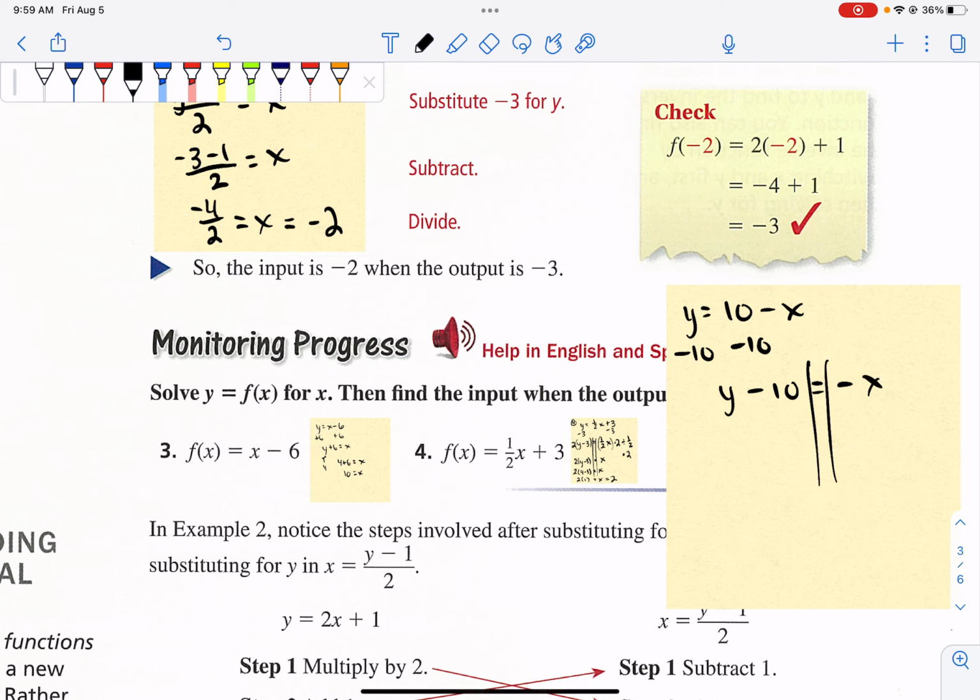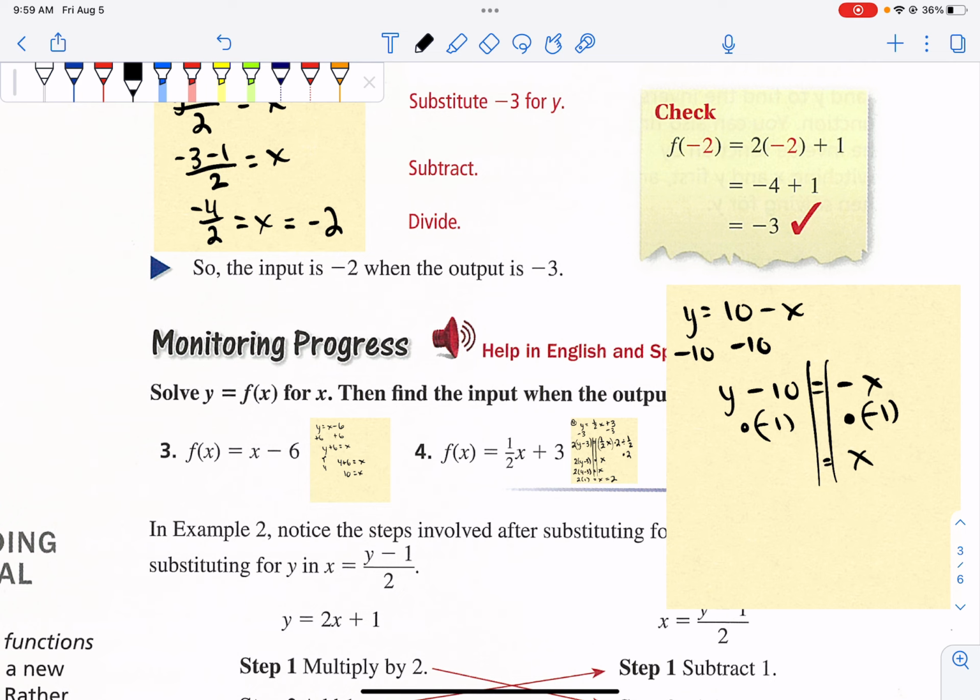Do you remember how to get rid of the negative in front of the x? You have to multiply by a negative 1 on both sides. So what that means is over on the right-hand side, this becomes a positive x. That also means that everything on the left changes.